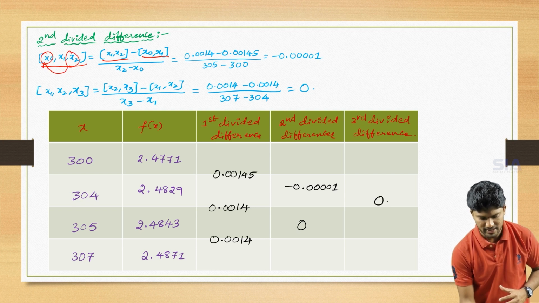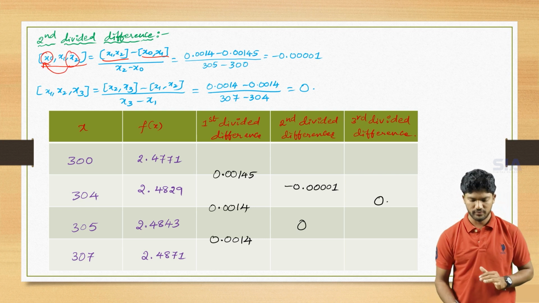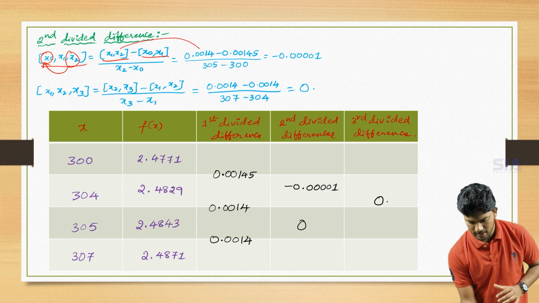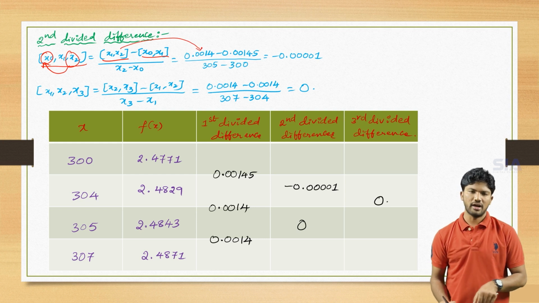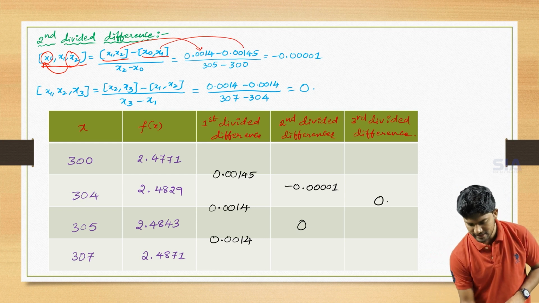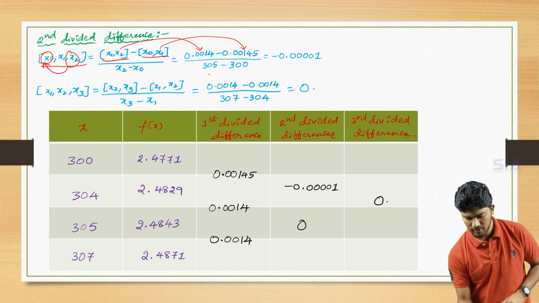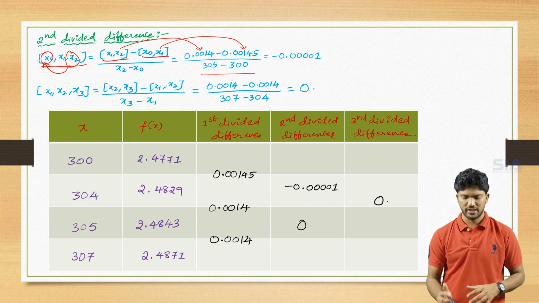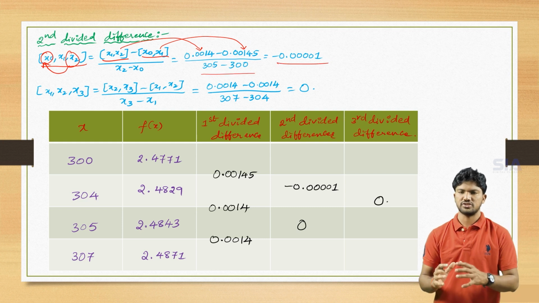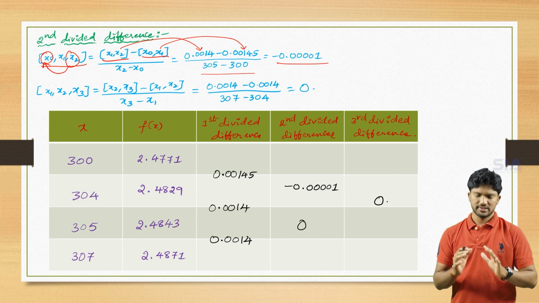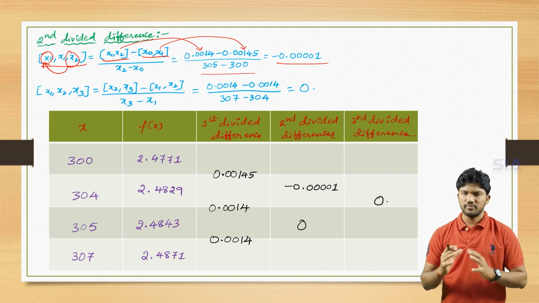From the previous case we have those values directly, and you can substitute the corresponding x values. Then you will get the value minus 0.0001. That is the first second divided difference value.